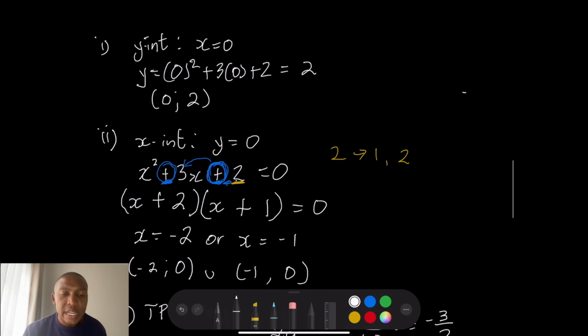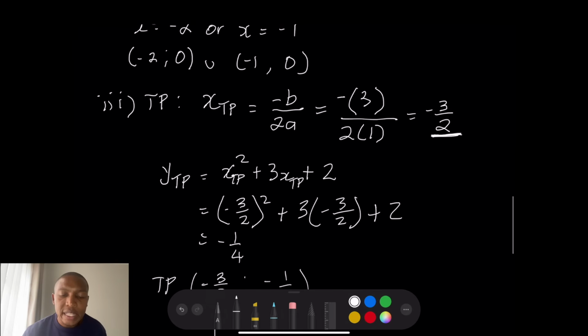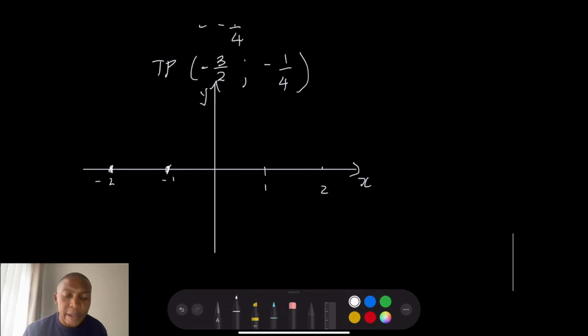At 0 and 2, this is where x is equal to 0 and y is equal to 2. So let's put it round about there. Maybe I should take that point a little bit higher, so that we don't have a strange looking graph.